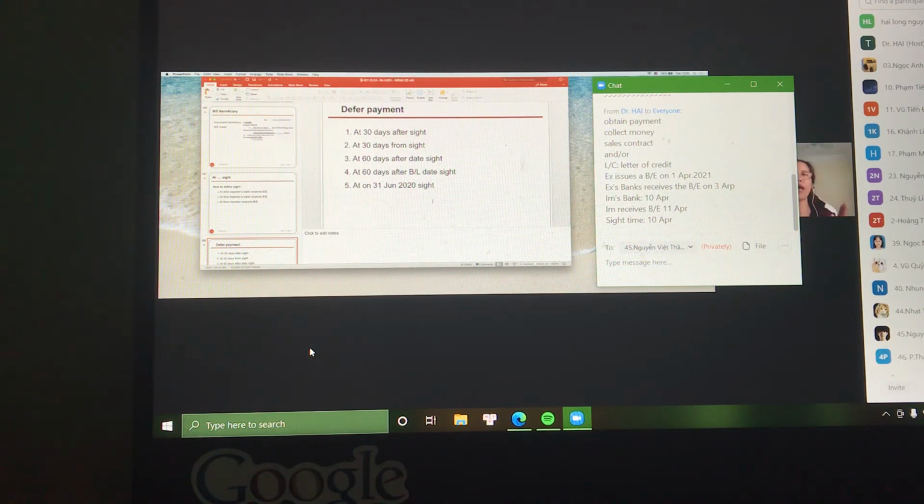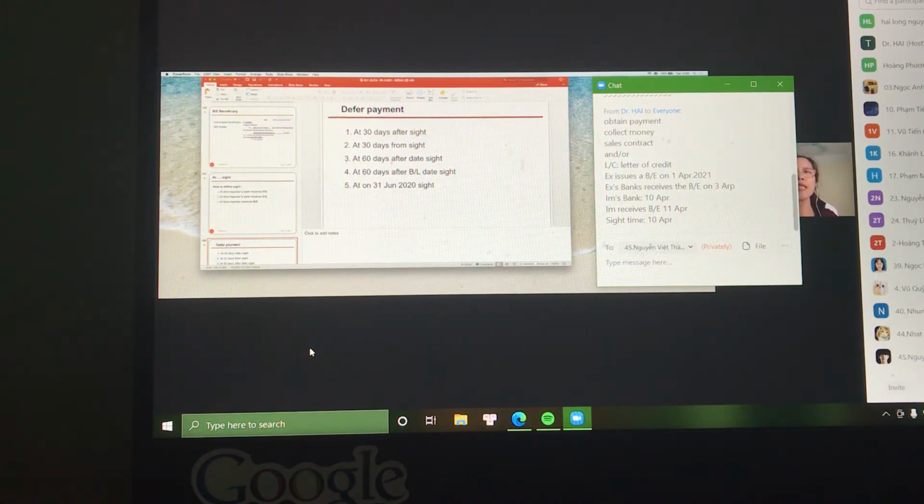Now we have some examples on the slide from number 1 to number 5. First, 30 days after sight. Number 2, nearly the same, just one word different: instead of after we use from. 30 days from sight.